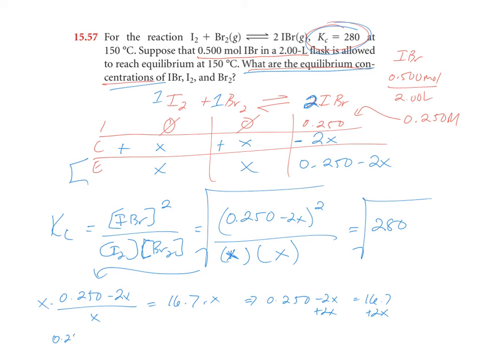I get 0.250 equals 18.7x, excuse me. Divide both sides by 18.7. And x is, I think it's 0.0133.